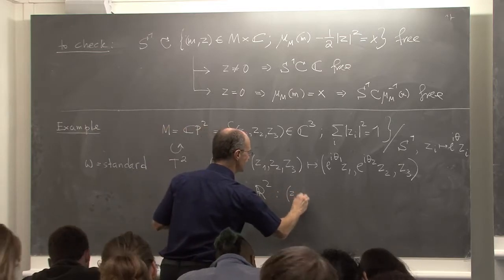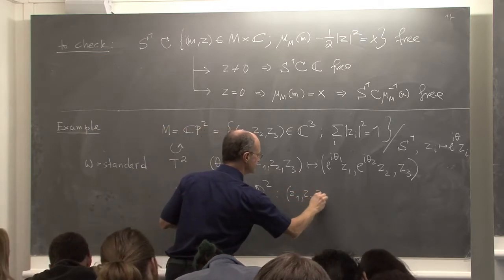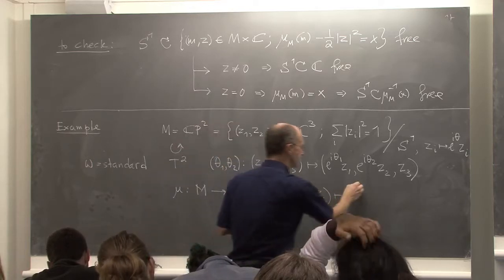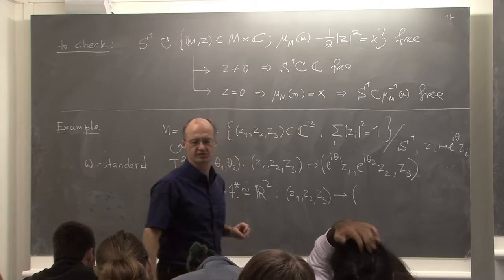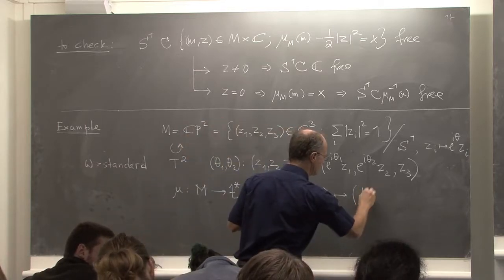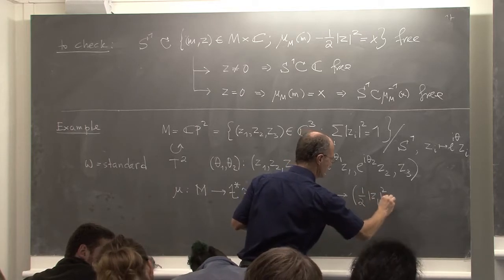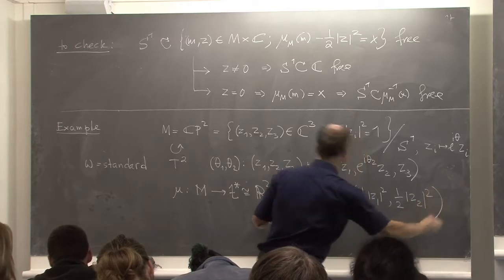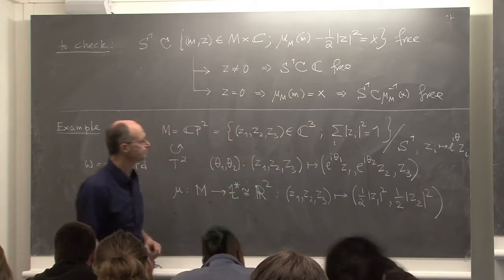It is mapping Z1, Z2, Z3. I don't quite remember, what did we choose for signs? Was it positive signs or negative signs? Positive. Very good. So it's mapping it to 1/2 Z1 squared, 1/2 Z2 squared.